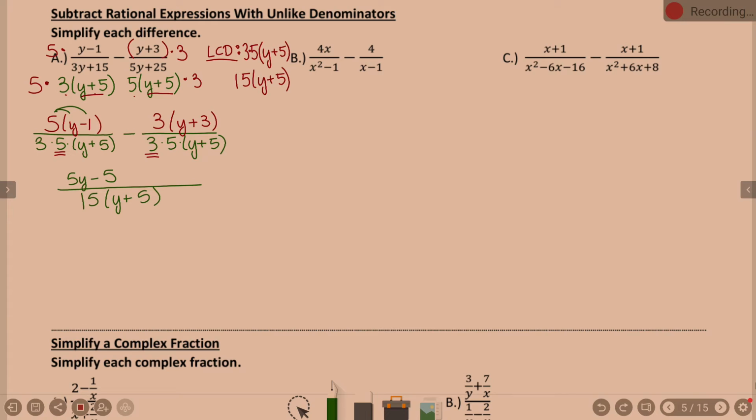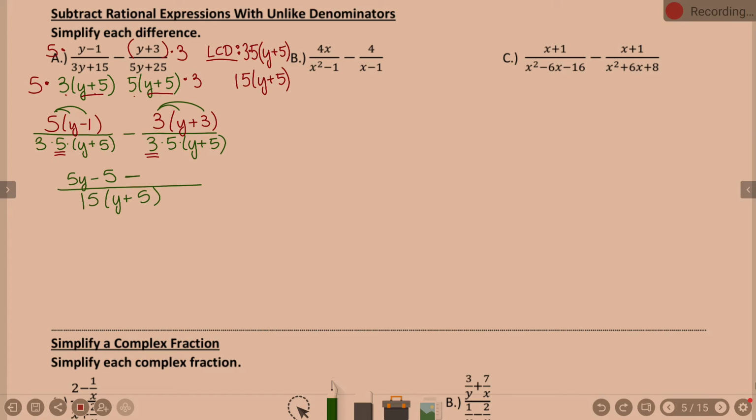What do I need to do in the second fraction? Distribute the 3. Now, there's a couple different ways we can think about this. But when we distribute that 3, how do I want to do this? I think I'm going to say, okay, this is a subtraction problem, right?